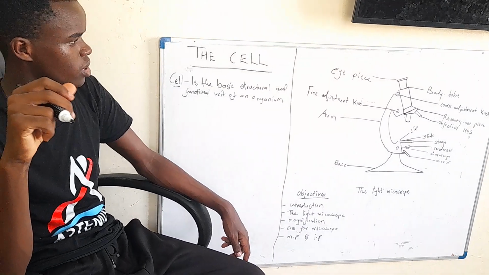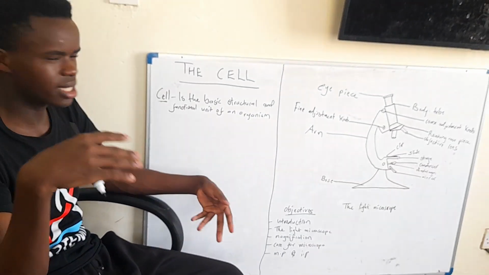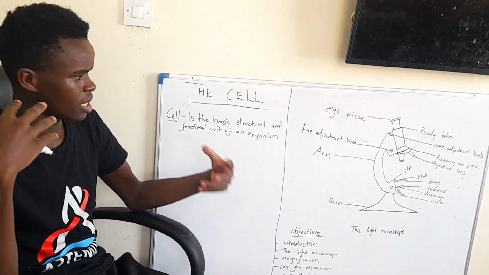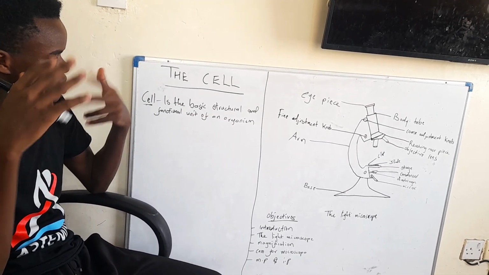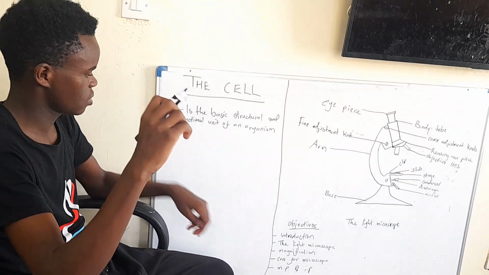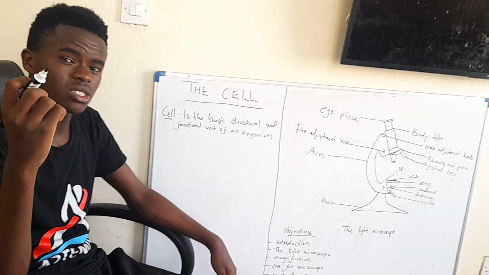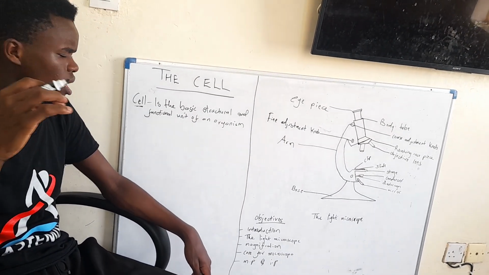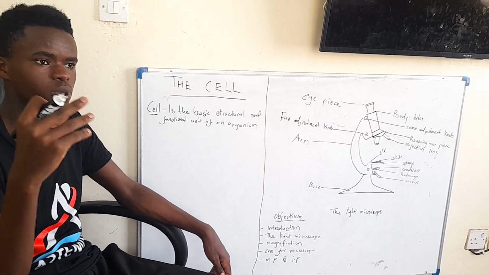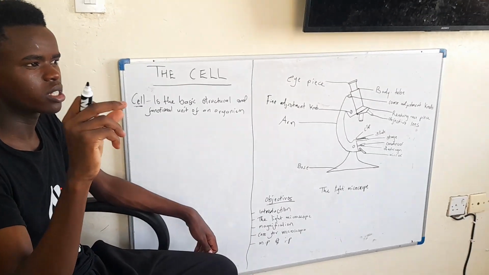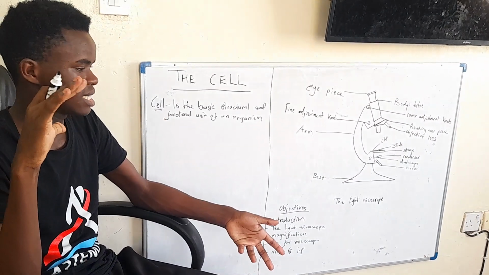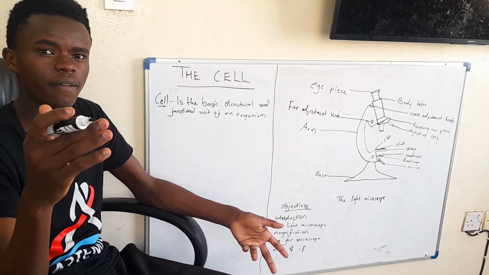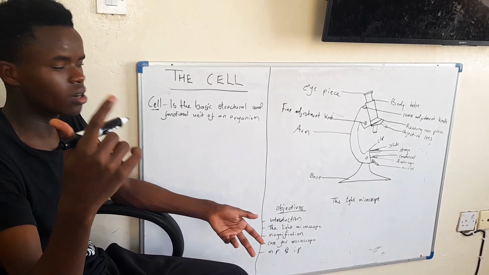We're going to know what a light microscope is, how it operates, what its parts and their functions are, and its basic function. The basic function of the microscope is to make small organisms or small structures appear enlarged, for the basis of studies.